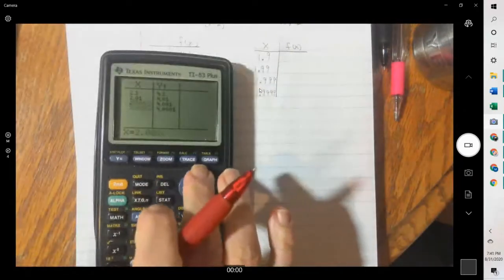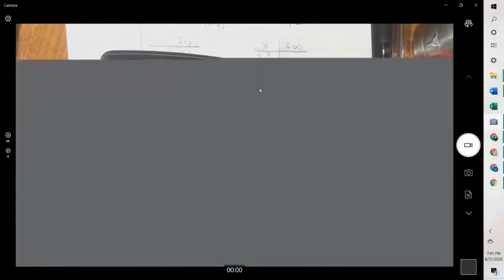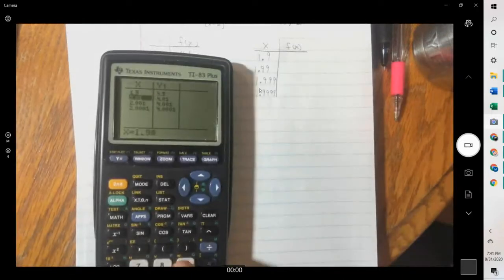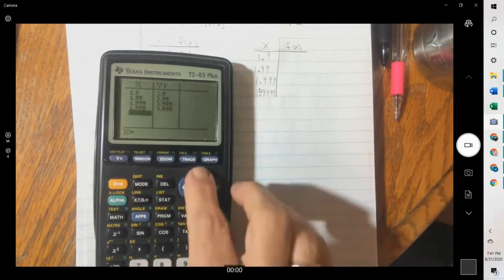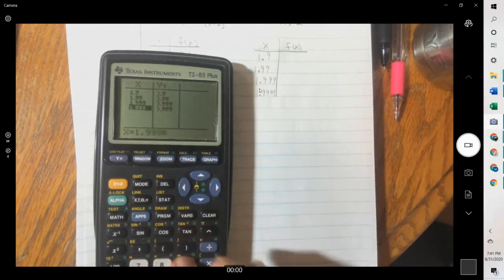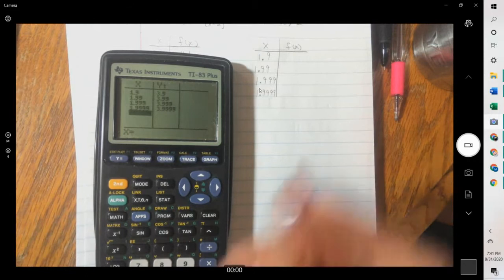So if I go back up and I click 1.9, 1.99, 1.999. There we go. We're still, notice, getting closer and closer to 4.